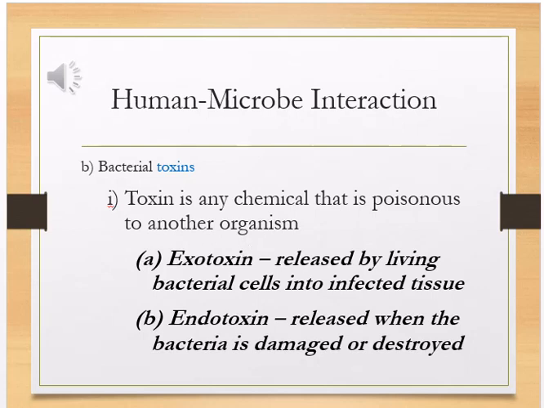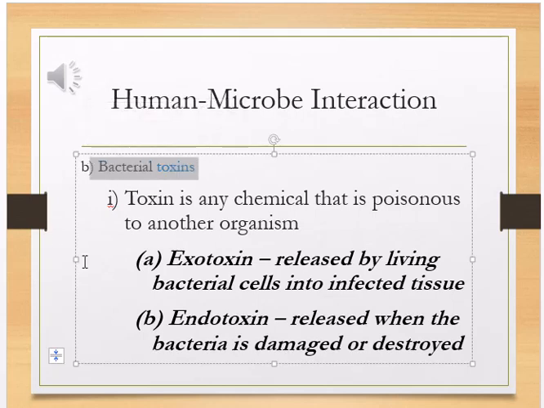Now let's look at bacteria. Bacteria produce a unique kind of chemical that causes harm to the host. It produces a toxin. A toxin is a very poisonous chemical that causes harm to the host. These poisons are of two types: exotoxins and endotoxins.